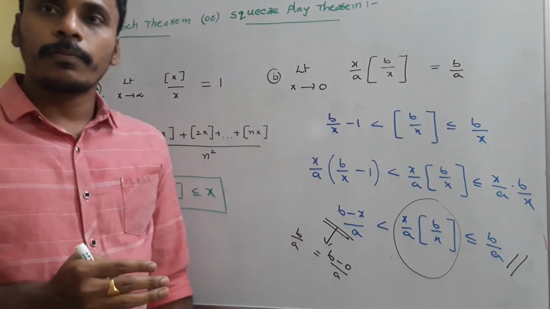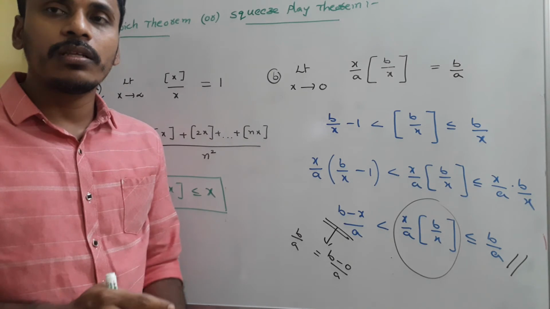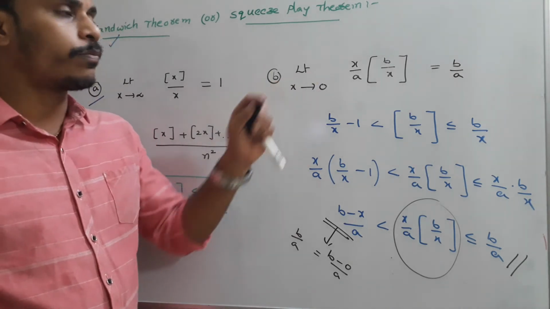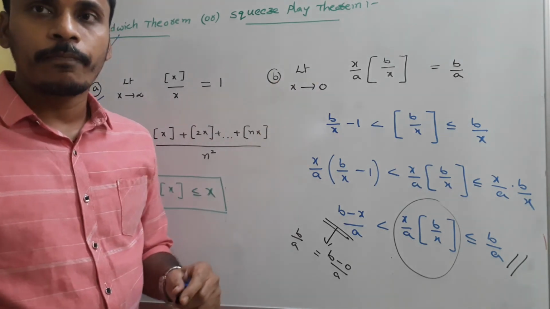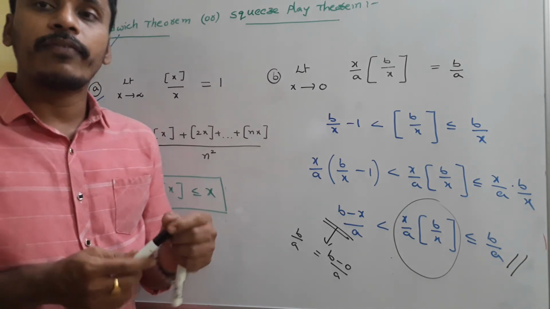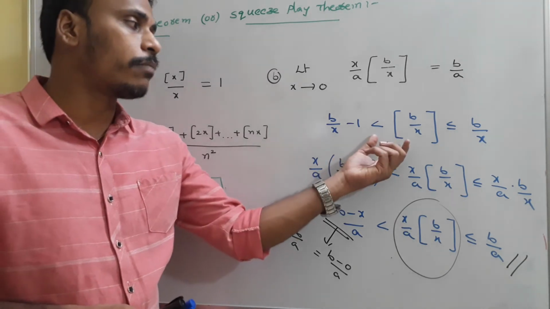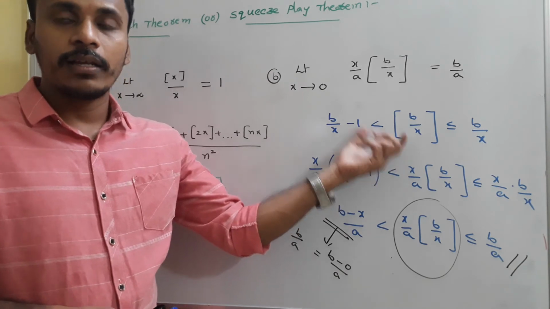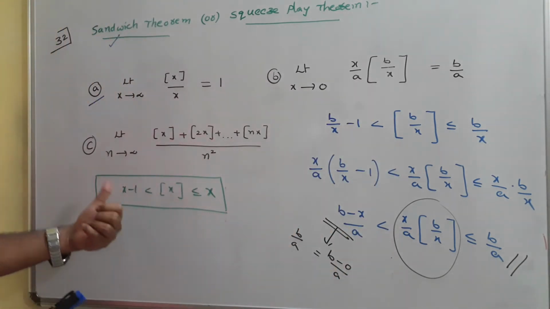Direct replacement or any standard limit, all these things do not work for this type of problem. To solve this type of problem we need to use the sandwich theorem, and for the sandwich theorem initially we need to build up this type of inequalities, right? Just have a look and then I will discuss the third one.